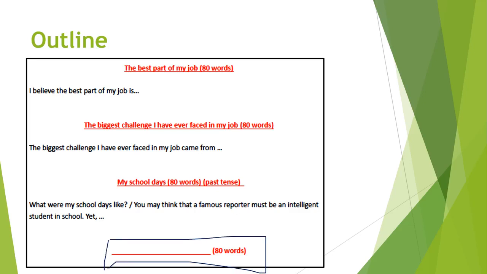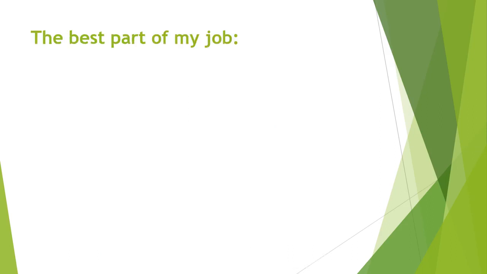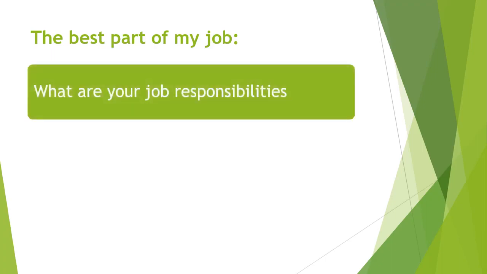Let me remind you again. So four parts in total. I will go through each part one by one. For the first part, the best part of my job, you can divide this part into three parts. First of all, you talk about your job responsibilities in general. As a news reporter, what do you have to do every day?